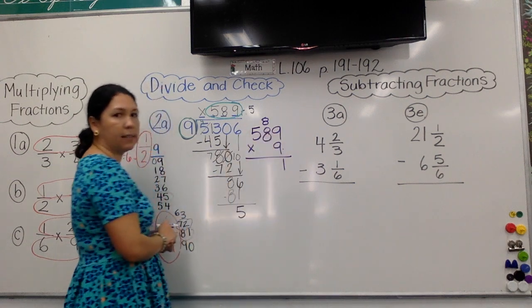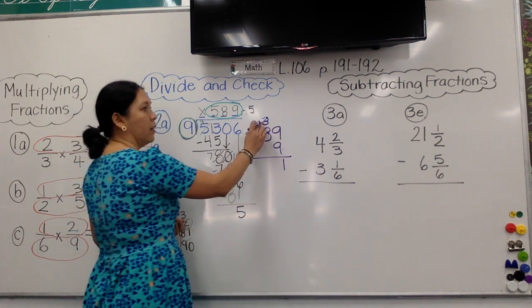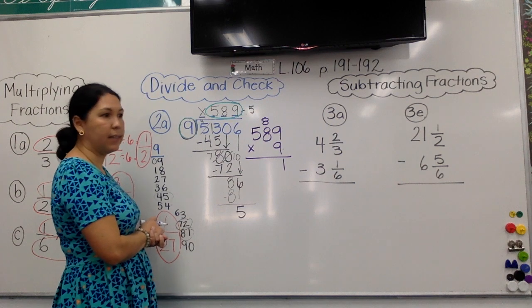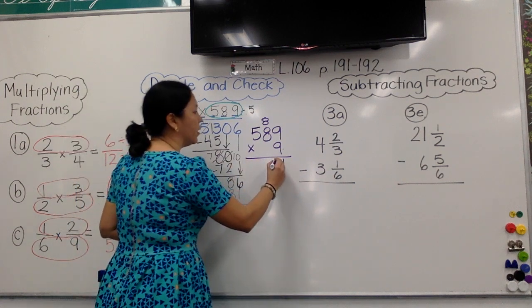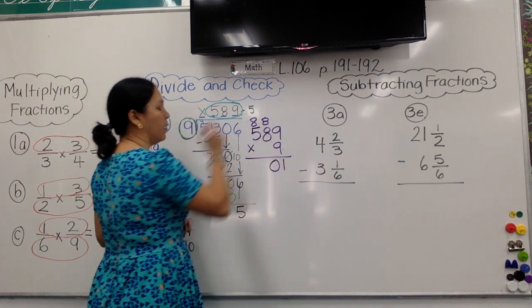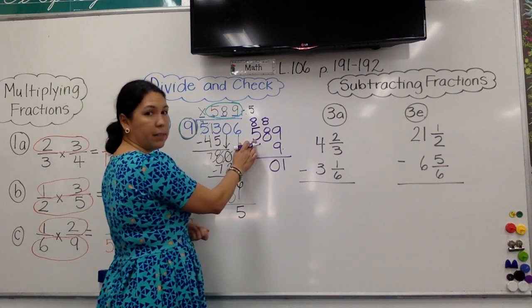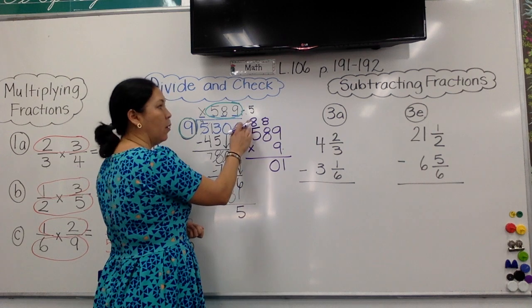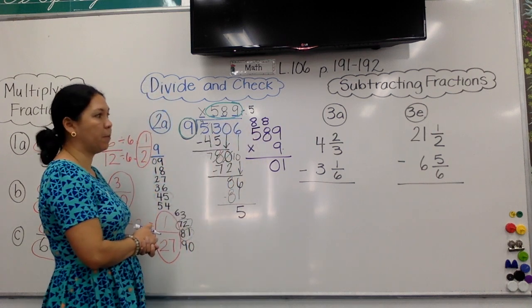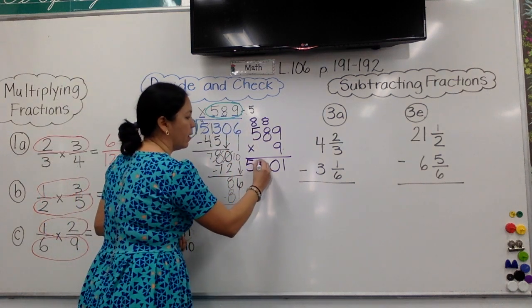9 times 8 is 72. 72 plus 8 is 80. Put my 0, 8 on top. There's my 80. 9 times 5 is 45. 45 plus 8 is 53.